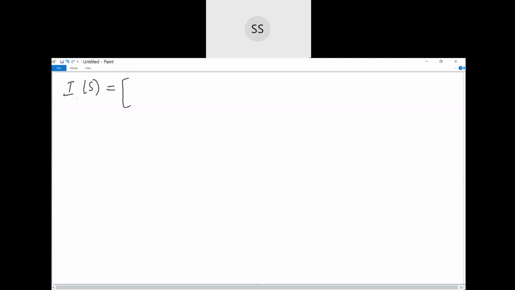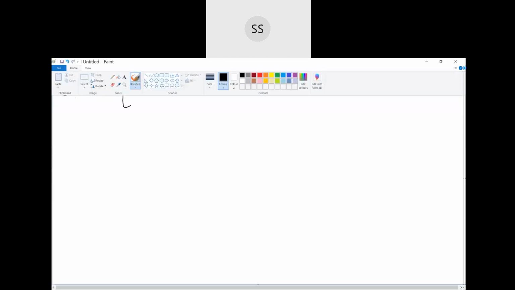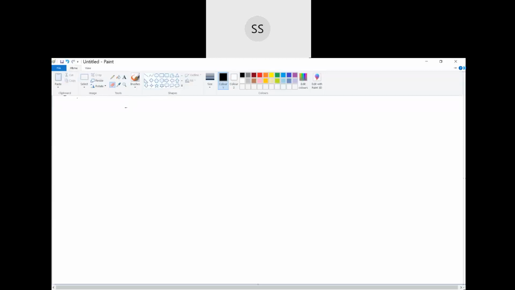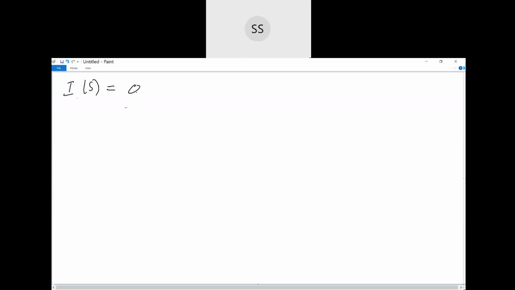I of s will be equal to, first we have to write phi of s, because we are replacing individual terms. So phi of s into C s square plus 1 by R into s plus 1 by L.